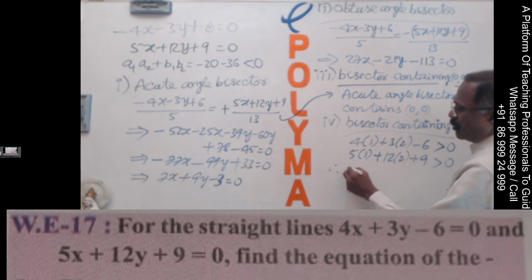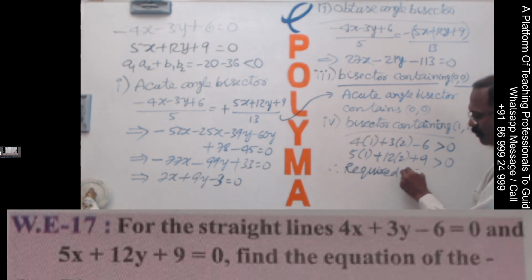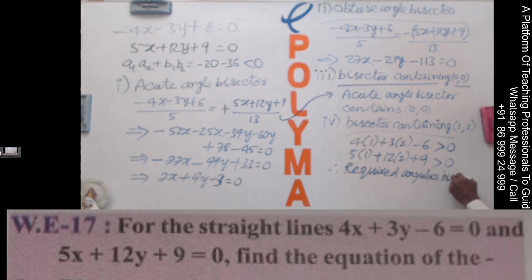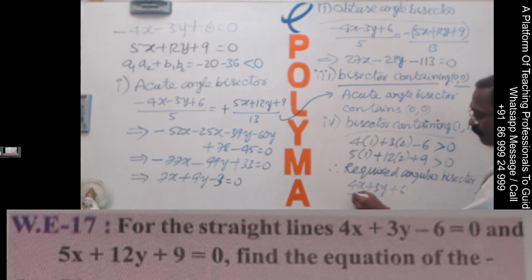Therefore, the required angular bisector is got by taking plus: 4x plus 3y minus 6 divided by 5 is equal to plus 5x plus 12y plus 9 divided by 13.